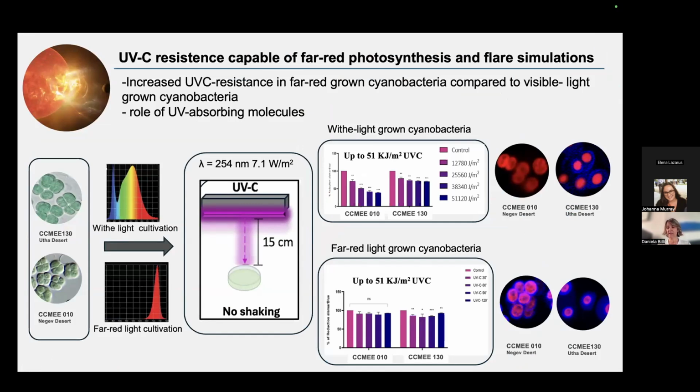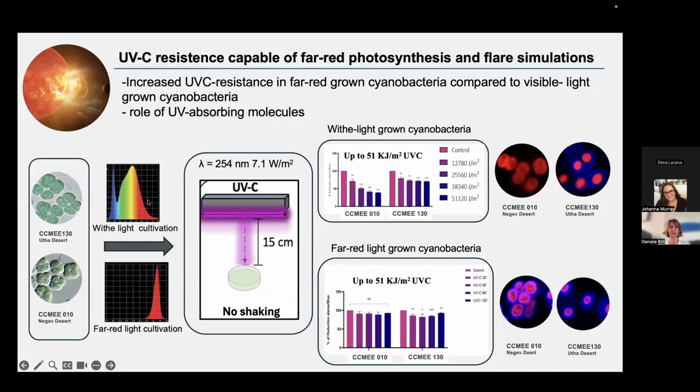And so we did a laboratory simulation, let's say, of flares of M stars, and we used these two strains that we knew were capable of far-red acclimation.